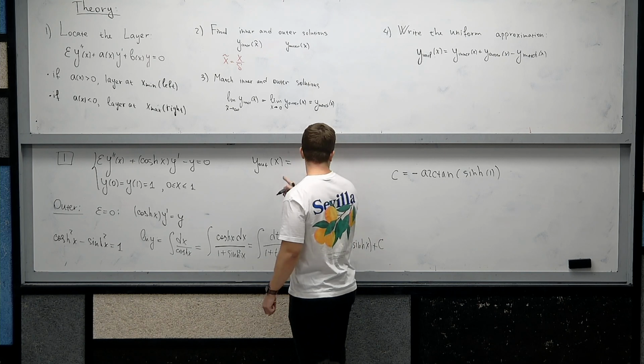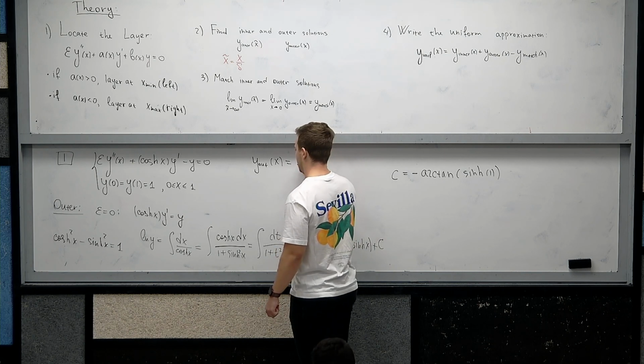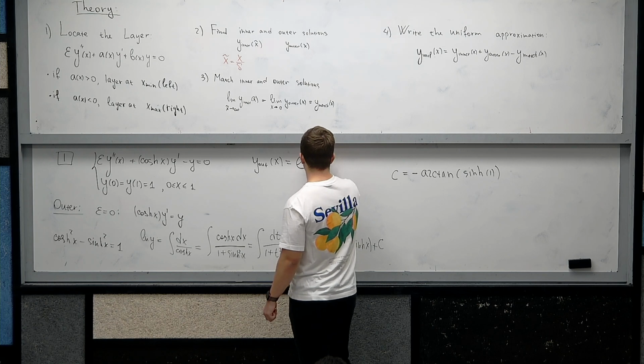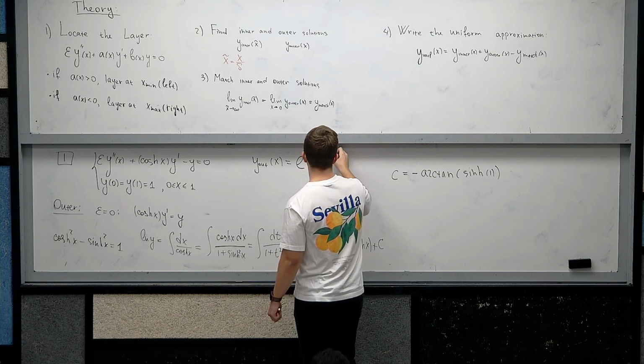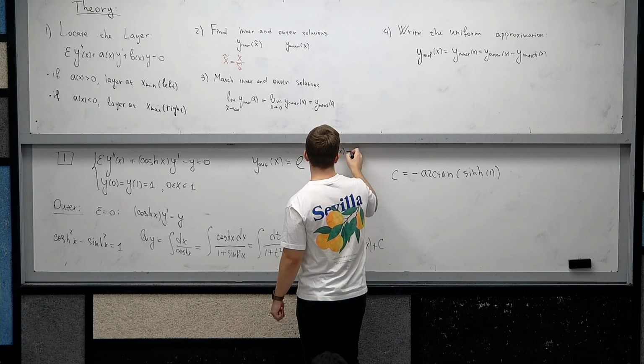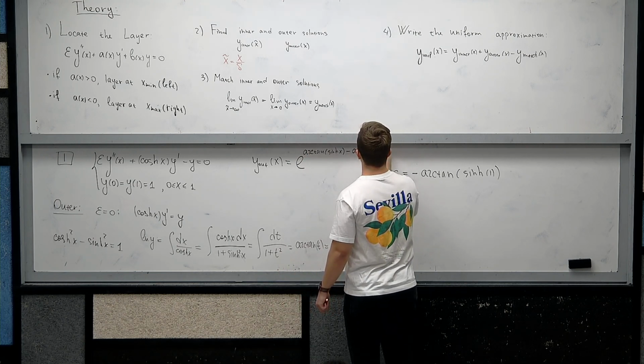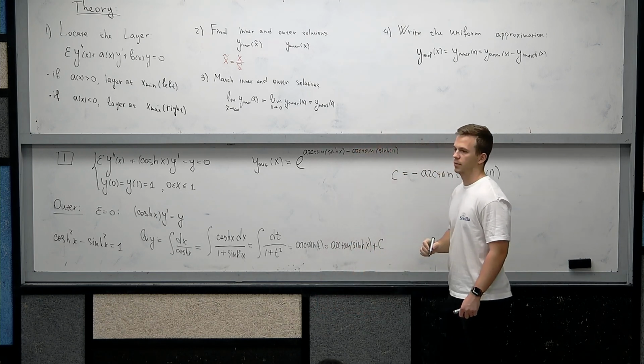Then I plug in, and it should be the exponent of arctan of hyperbolic sine of x minus arctan of hyperbolic sine of 1. That's my outer solution.